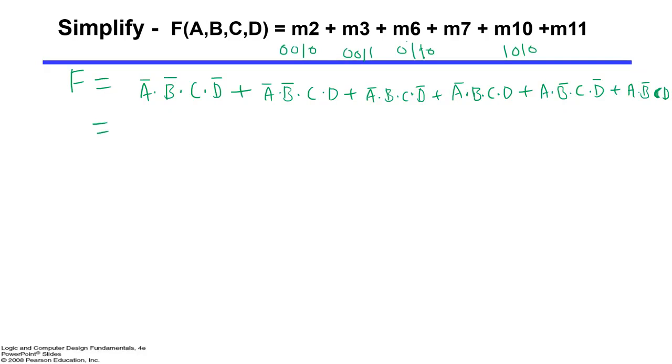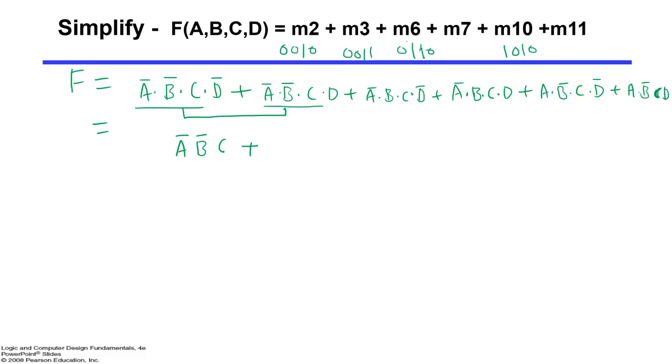Now I want to simplify. So let's start the simplification process. Here you can take A bar, B bar, C common from these two. So we get A bar B bar C plus, can we do something here?